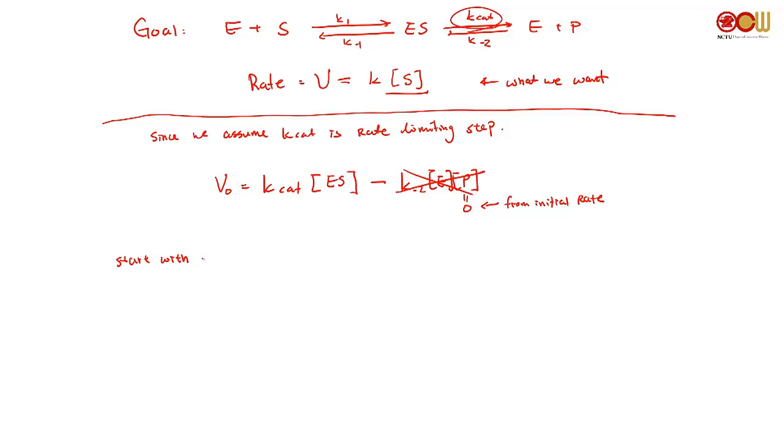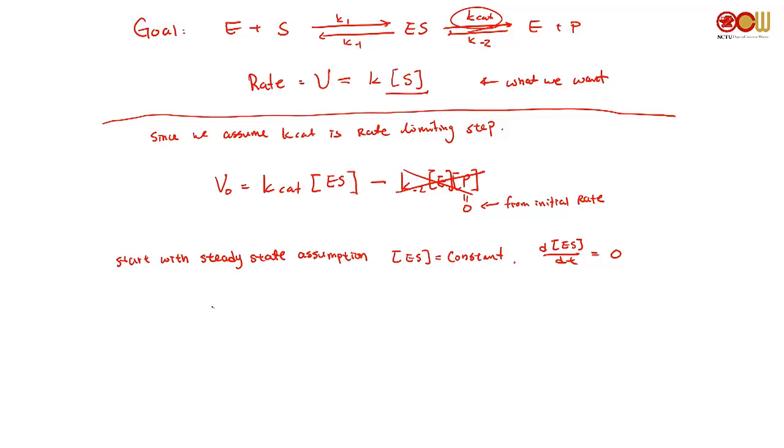with the steady state assumption, which remember is that ES is going to be equal to some kind of constant, which essentially says the change of ES concentration as a function of time is going to be equal to 0.